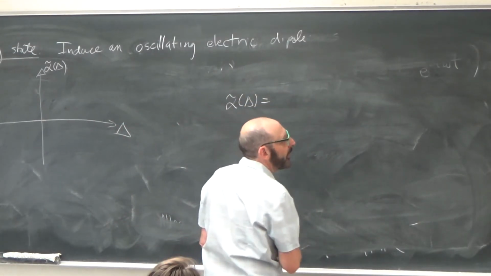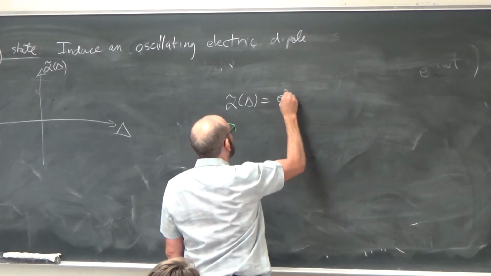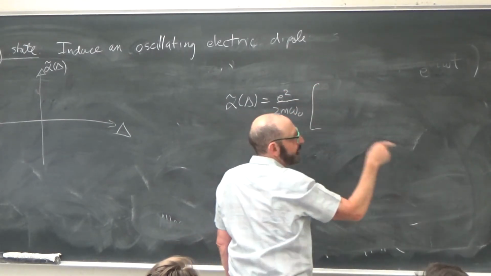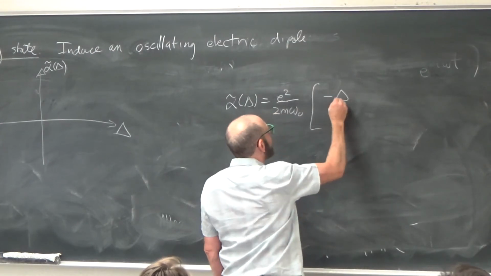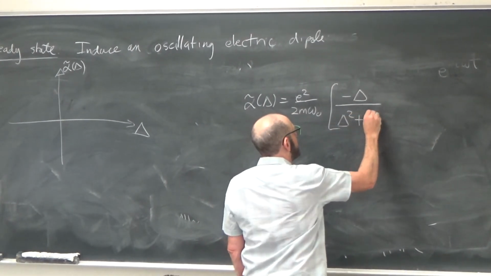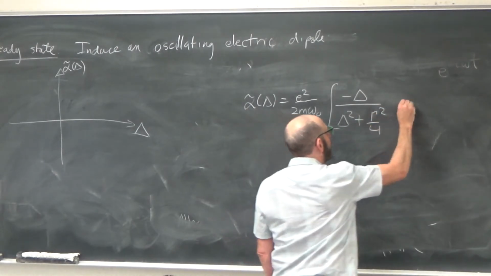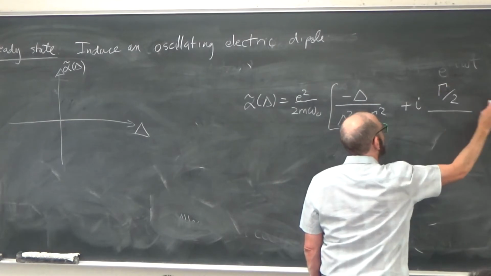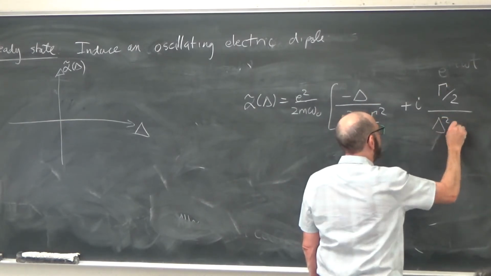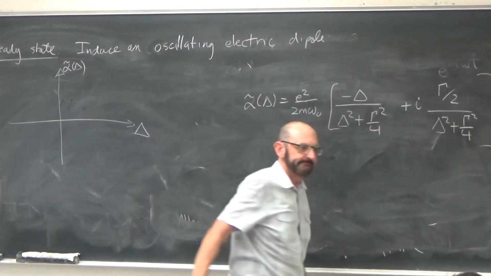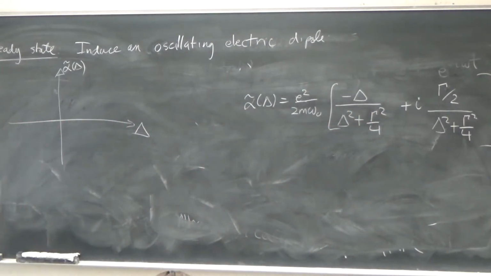Right? So what do I got? I got e squared over 2m omega naught, rationalizing the denominator, minus delta over delta squared plus gamma squared over 4, plus i gamma over 2 over delta squared plus gamma squared over 4. Right? Just rationalizing the denominator.